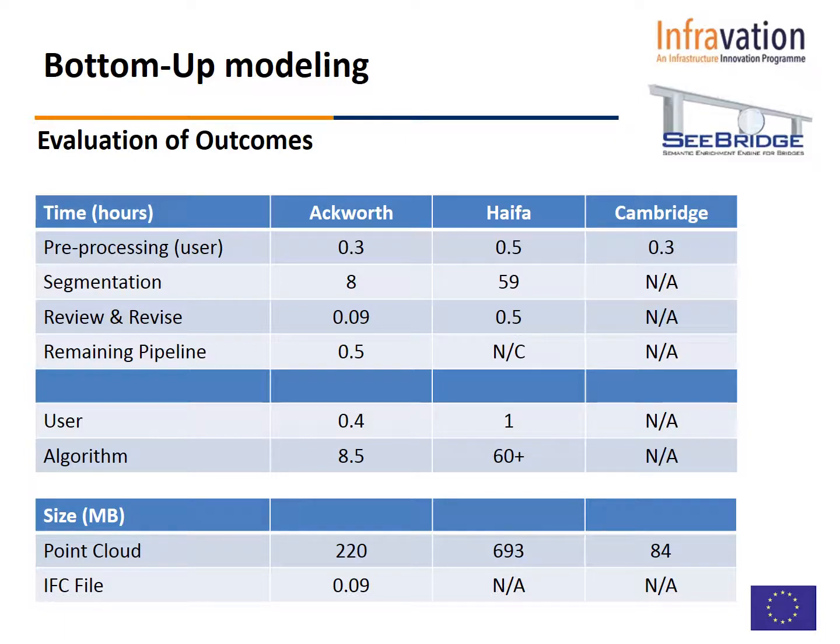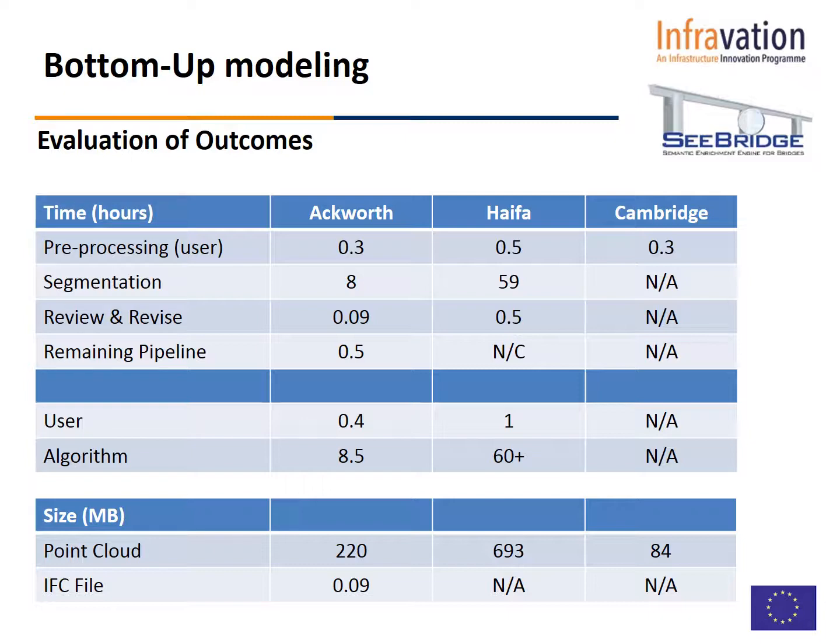On the Haifa bridge, we have roughly right now an hour of user intervention and more than 60 hours of processing time. If you look at it, 59 of those hours were basically segmentation. It took about 2.5 days to do the segmentation. The Haifa bridge is significantly more complicated than the Ackworth bridge.